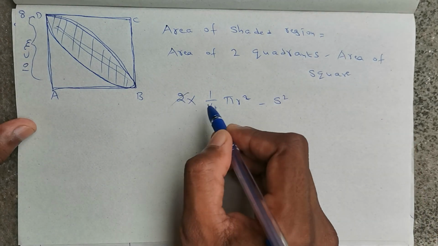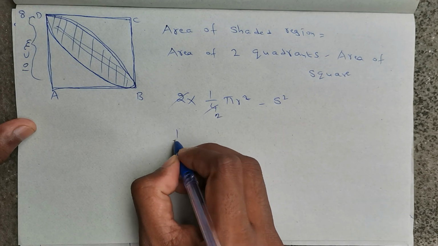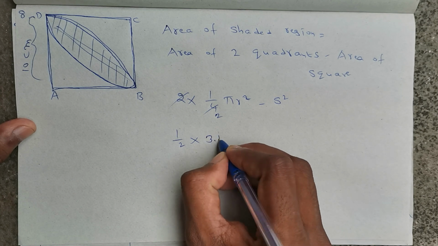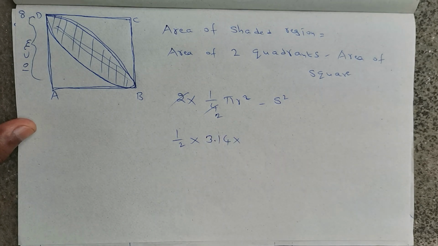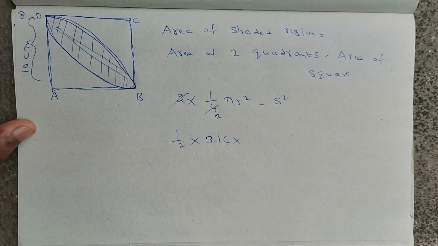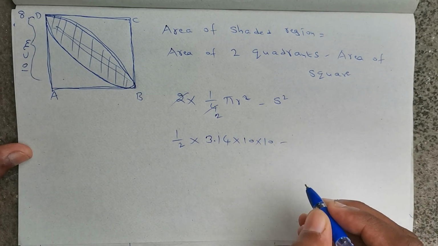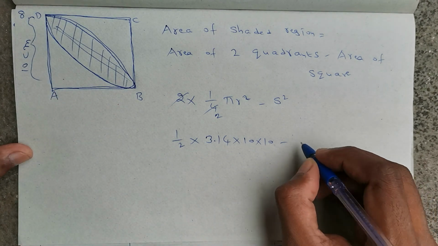So if we observe here, 2 ones are 2, 2 twos are, so we remain with 1 by 2 into pi value, he said to take as 3.14, into, then what about the radius? In the question itself he mentioned the circle is having a radius of 10 centimeter. So 10 into 10, minus square sides 10 into 10 again.